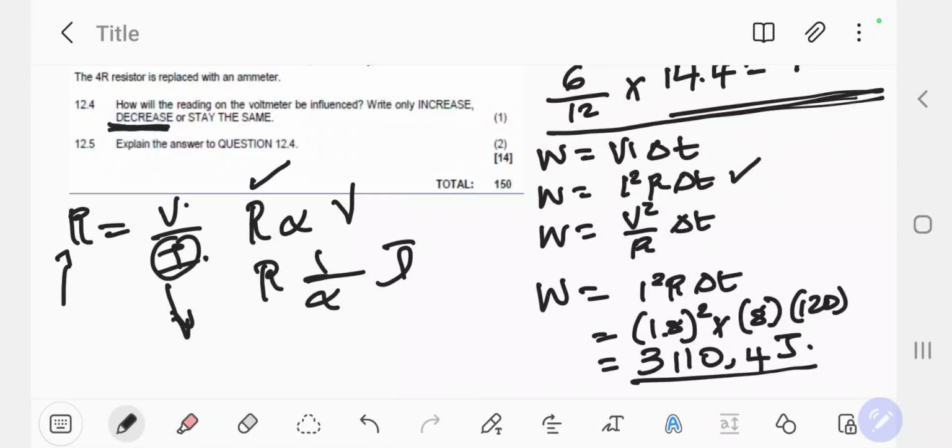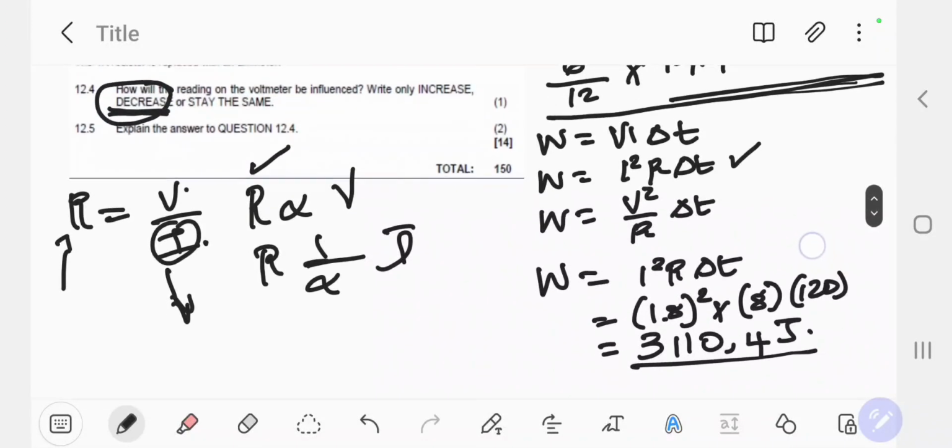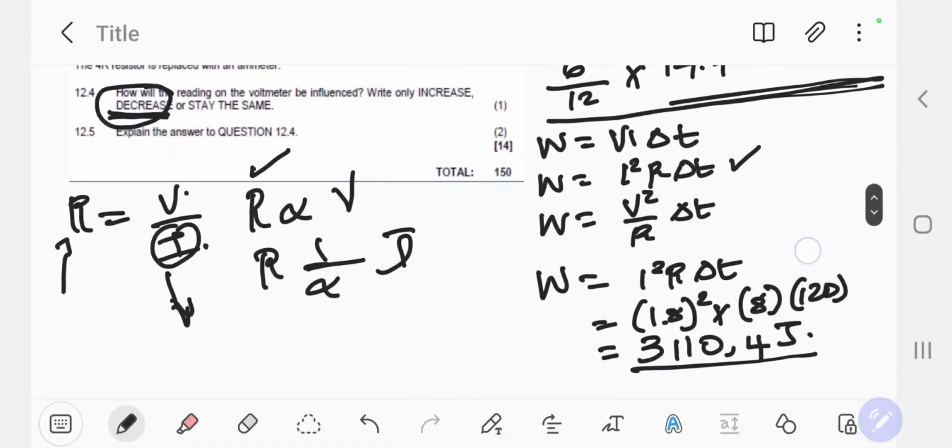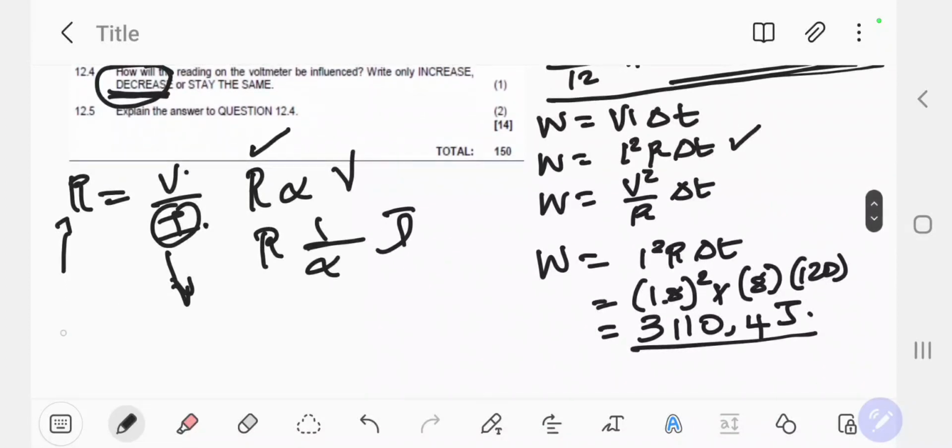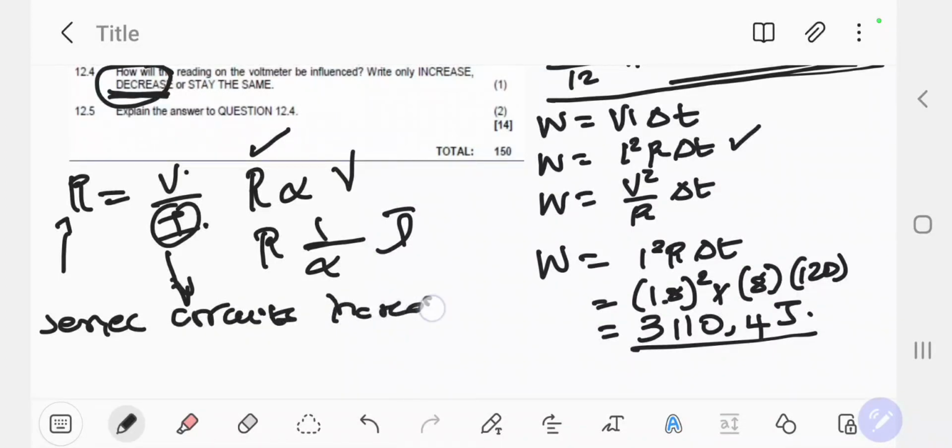Explain the answer to 12.4, that's 12.5. Explain why we're saying it's going to decrease. So guys, this is what we're going to do. Number one, a series circuit will increase the resistance.